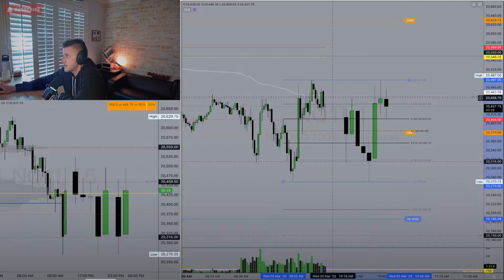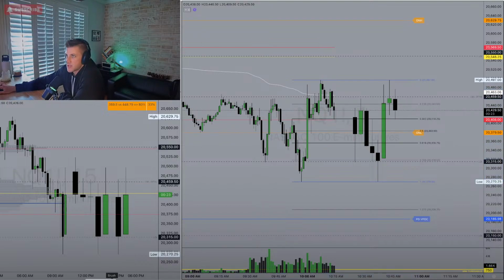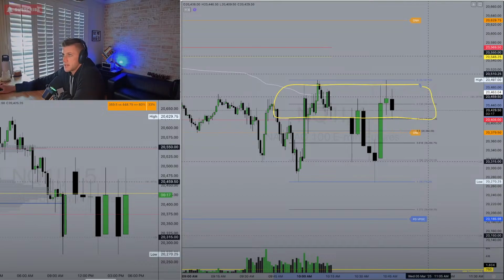Last week low, I just treated as a reference point personally. Not a true level of interest, but this is just consolidation nation here post 10 a.m. Good old consolidation nation.